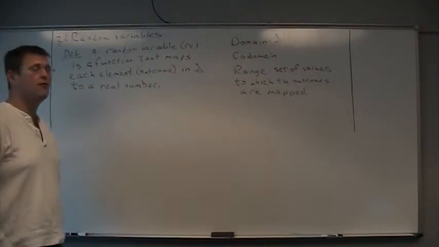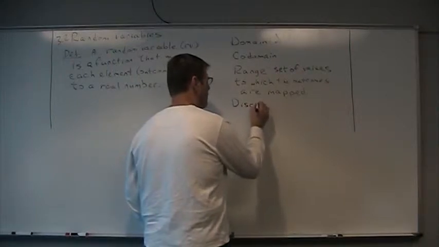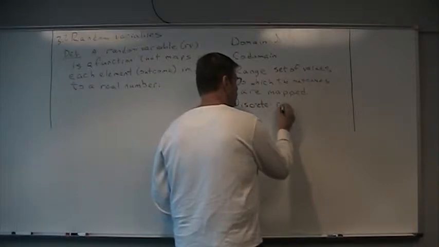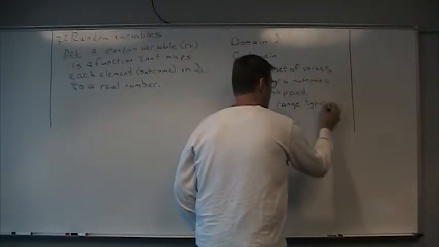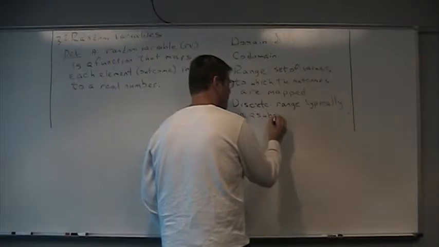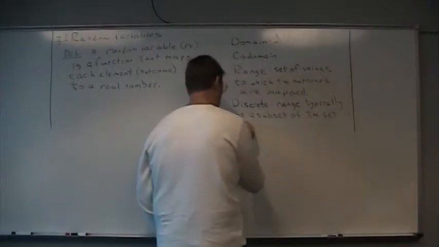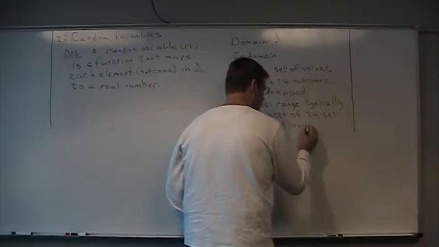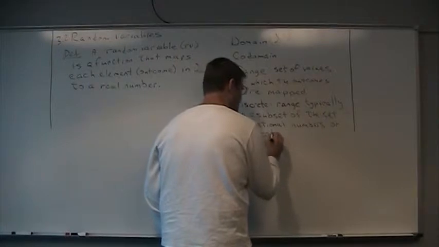But for many of our discrete random variables, the range will often be a subset of either the set of rational numbers or the set of integers.